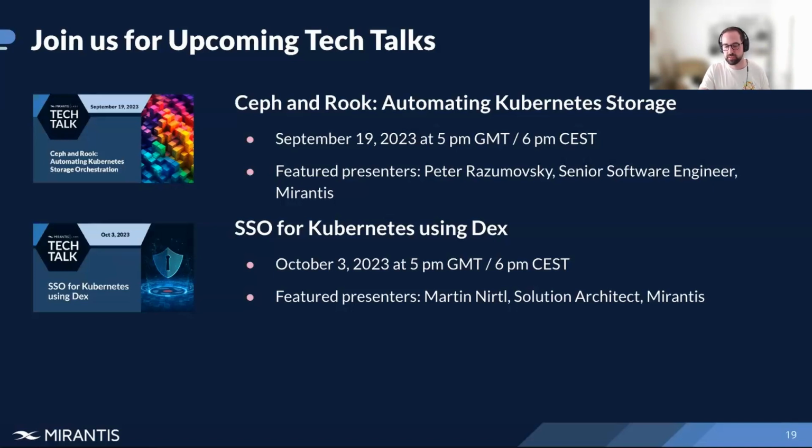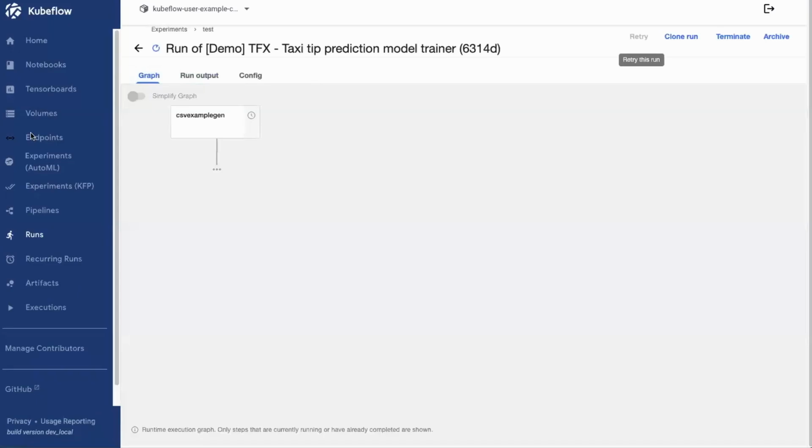This one will be presented by Martin Nether, solution architect at Mirantis, on October the 3rd. We can do this very interactively. So if you have specific questions, we can do a quick deep dive if you want to.